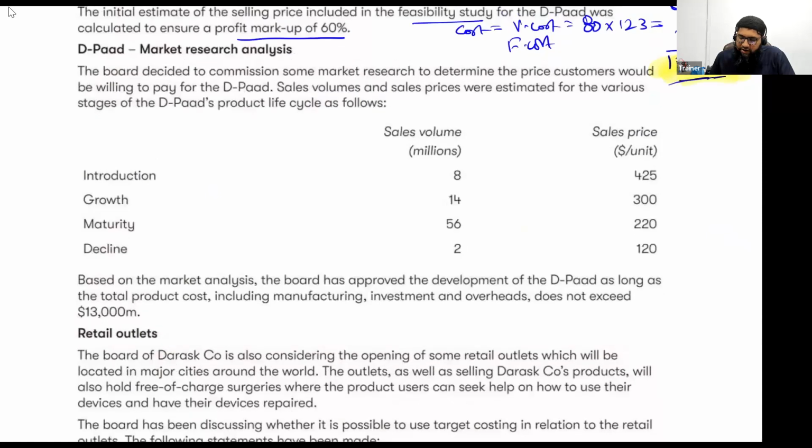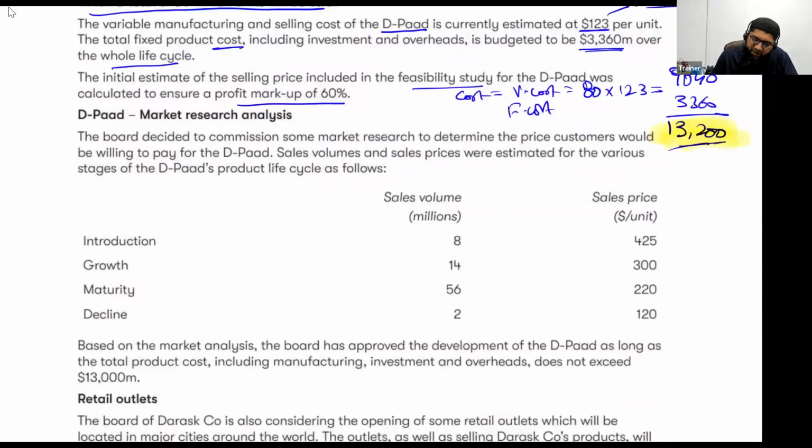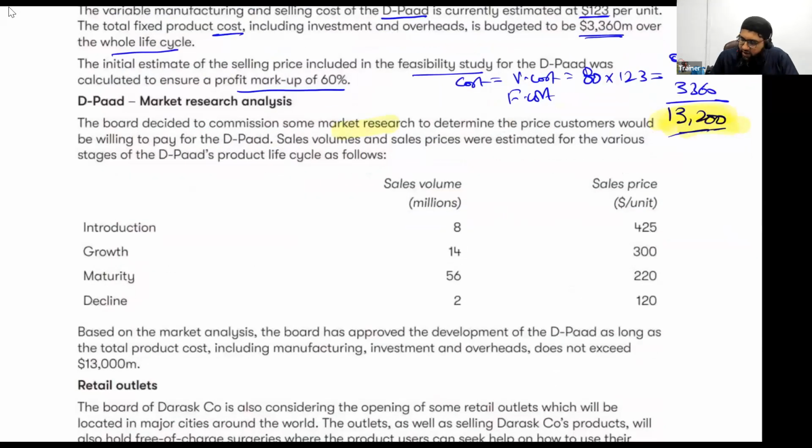Okay, now market research analysis. The board decided to commission market research to determine the price the customers would be willing to pay for D-pad. Sales volume and sale prices were estimated for the various stages of D-pad's product life cycle as follows. So introduction phase, the growth phase, the maturity phase, the decline phase.